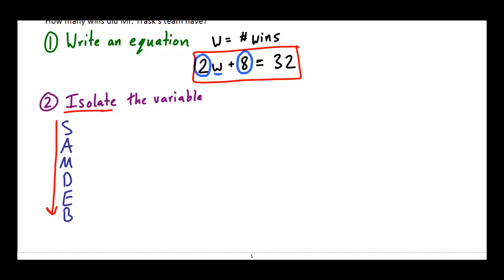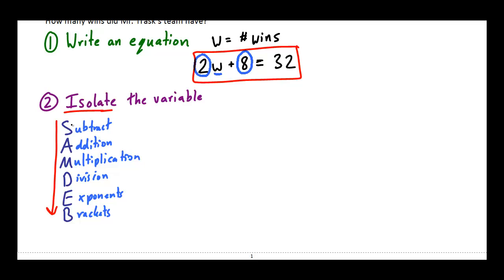If you think back to BEDMAS, what all these things stand for, we've got subtractions, additions, multiplications, and divisions, exponents, and last, brackets. What I mean by SAMDEB is that when I have my equation, I'm going to move things one at a time to the other side of the equation, and I'm going to follow these steps right here.